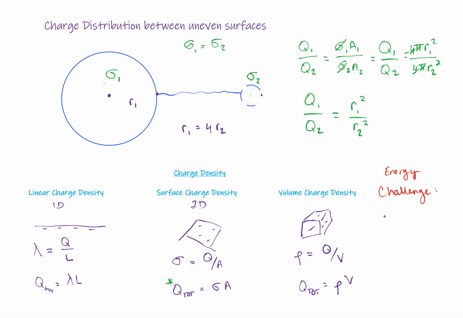This challenge is, I want you to think in terms of energy. So in terms of energy, why is it different having 4 charges spaced evenly over this large radius versus 4 charges spaced evenly over the small radius? What is the difference in the energy configuration?